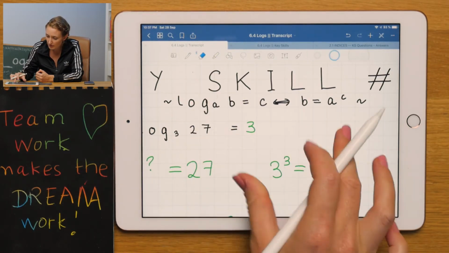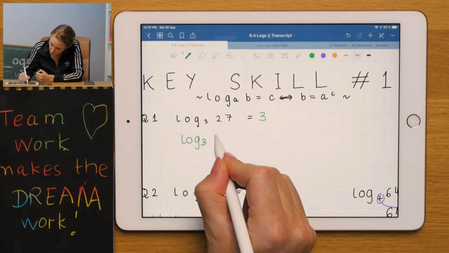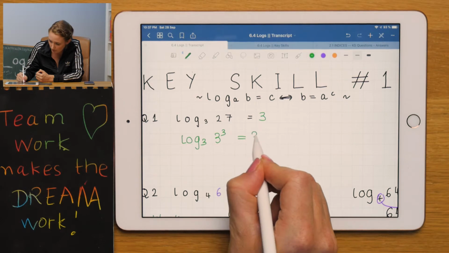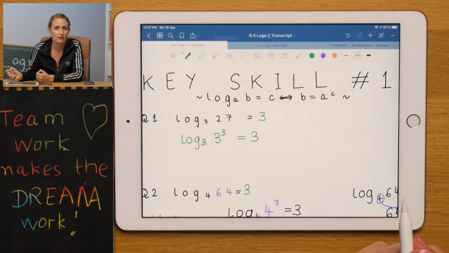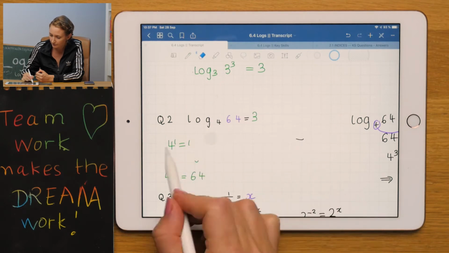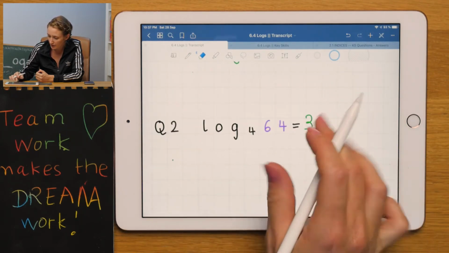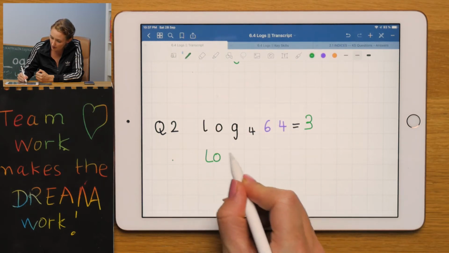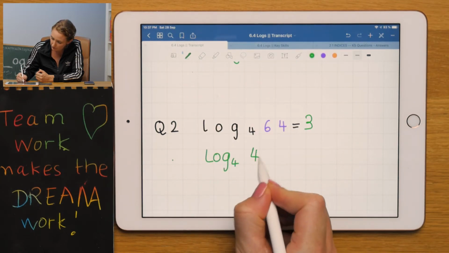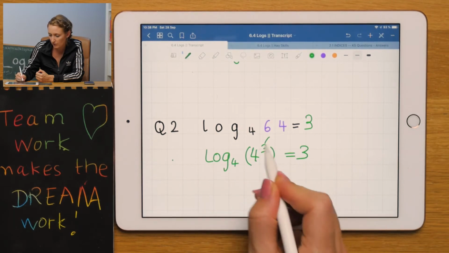If we'd rewritten this as log 3 of 3 to the 3 instead of 27, we would have easily seen that that is 3. I'm going to use another example, way too many 3s there. We can rewrite log 4 of 64 as log 4 of 4 to the 3. So we know that 64 is 4 to the 3, so it's the third power.